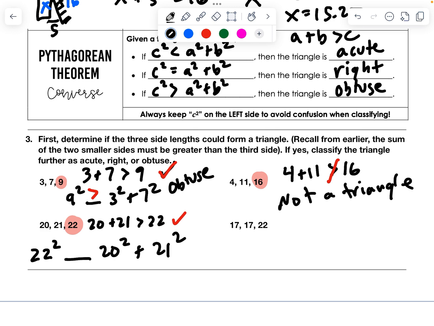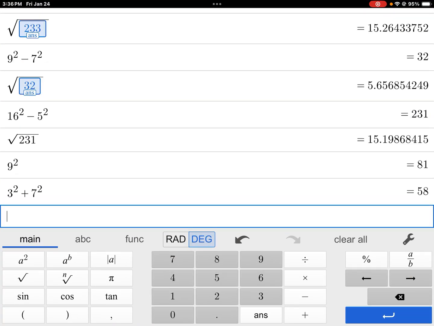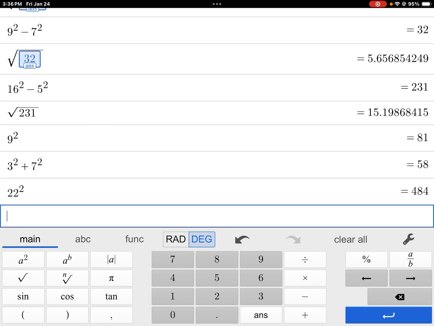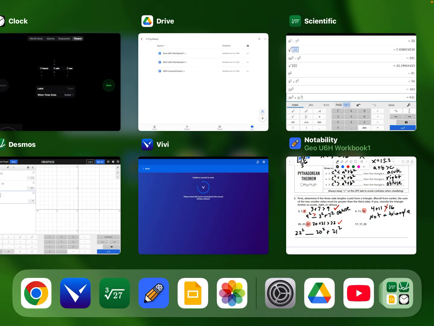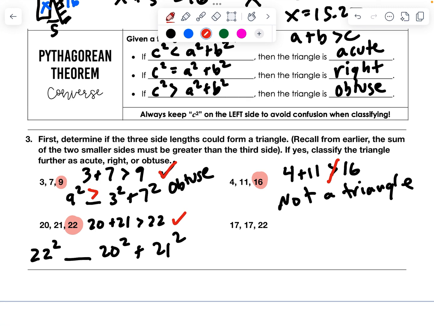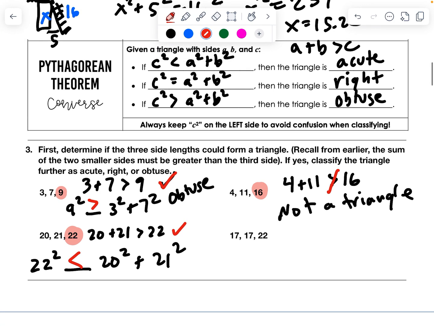Let's type this in our calculator and compare. So 20 squared plus 21 squared is greater than 22 squared. Therefore C squared is less, and we have an acute triangle.